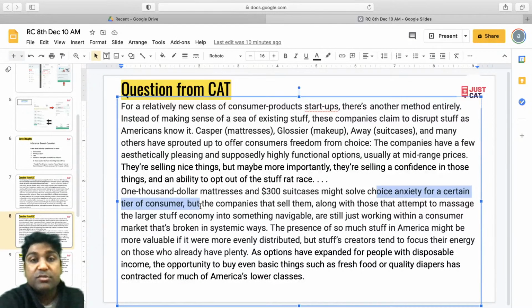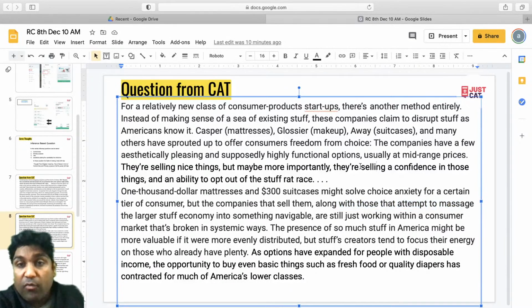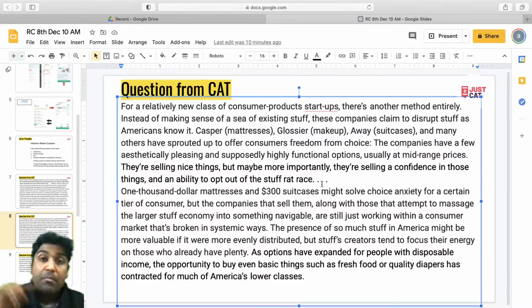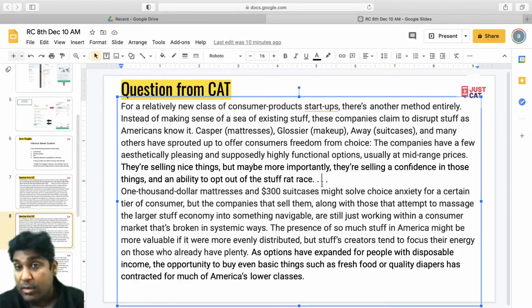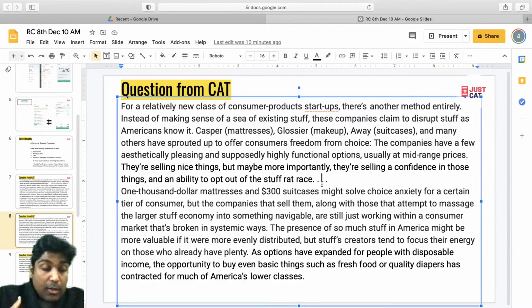Choice anxiety has been reduced, but companies that sell them along with those that attempt. So what is the purpose of this paragraph? Before we move on, we have to stop and look at the point. I also want to rush through it, but I have to hold myself back and bring myself back to those paragraphs and then discuss the purpose with you.